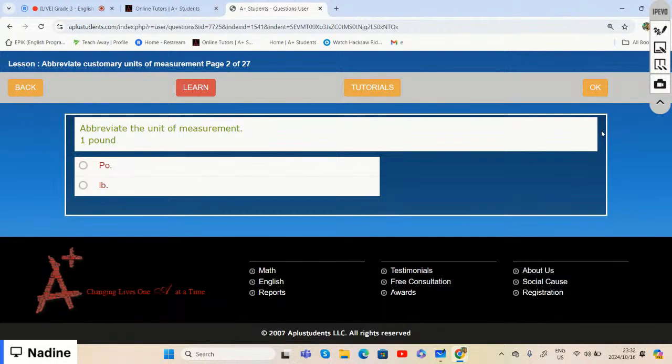All right. The next one says 1 pound. Is it option one PO or option two LB?